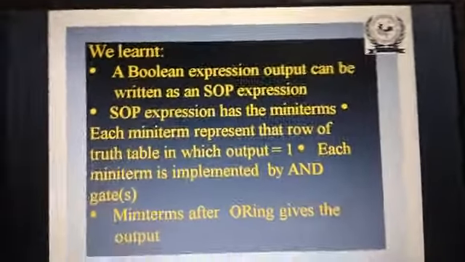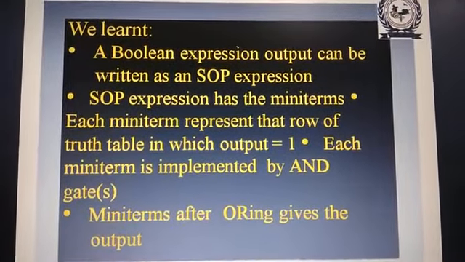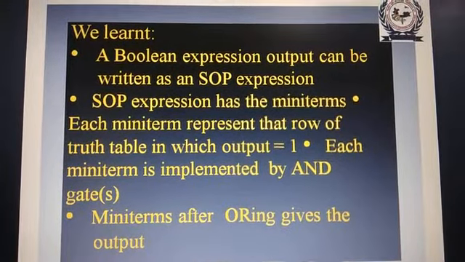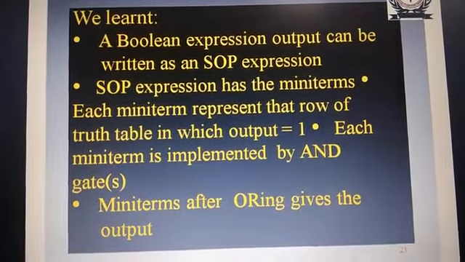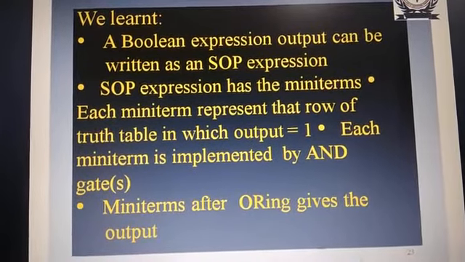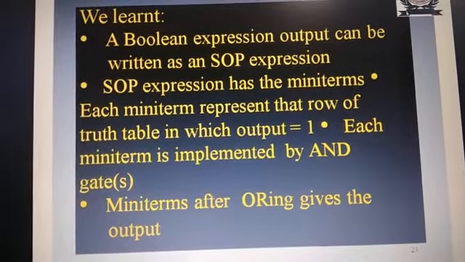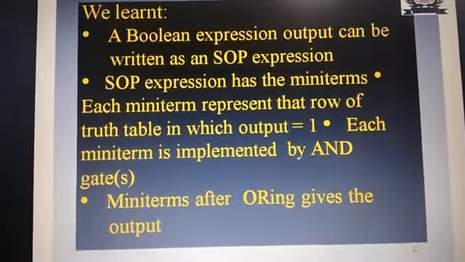So here what we learn: a Boolean expression output can be written as an SOP expression. SOP expression has the min terms. Each min term represents that row of the truth table in which output is equal to 1.